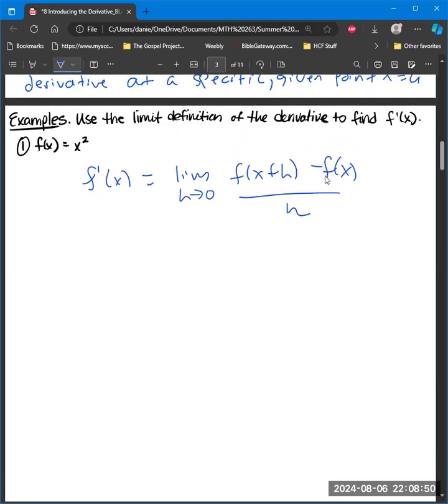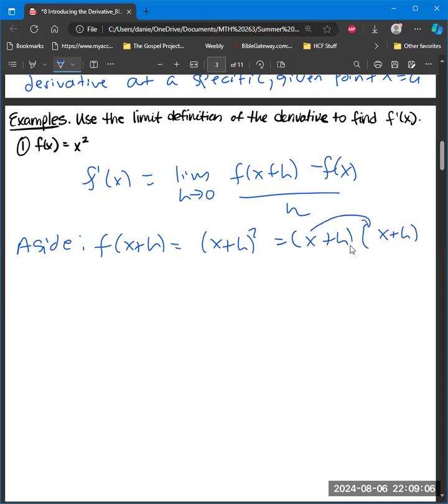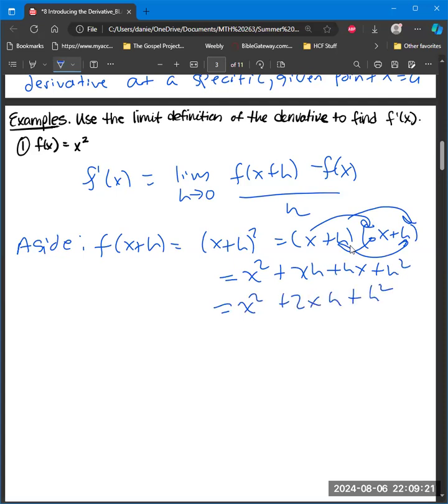Let's have a little aside here to make sure that we know how to find f of x plus h. That's going to be x plus h squared, which is x plus h times x plus h. And we're going to have to FOIL, which is going to give us x squared plus xh plus hx plus h squared, which is x squared plus 2xh plus h squared.